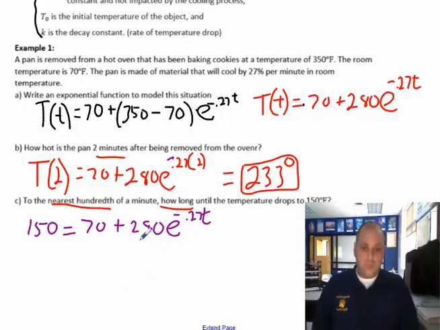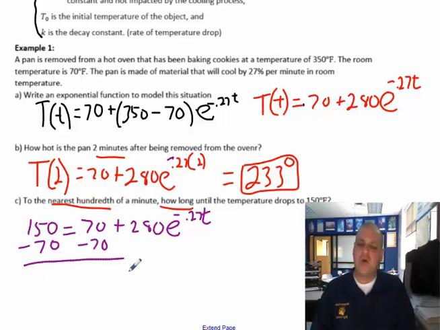Now, we're solving for t, and of course, t is in the exponent, so you know we're going to need logs, all right? A little bit different. Remember, we normally divide out first, but see how you have this plus going on here? So what we're going to need to do first is subtract the 70. So a little bit different than our population growth or anything else we've done. 80 equals 280 e to the negative 0.27 t.